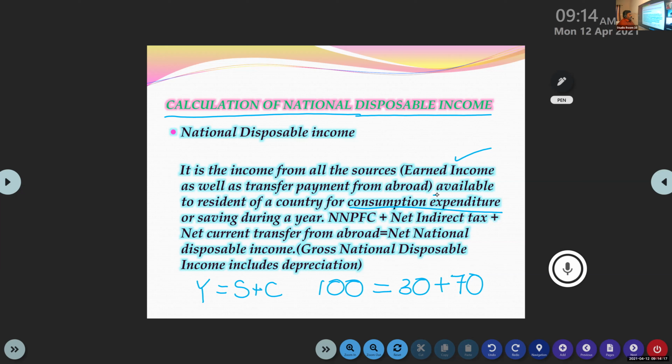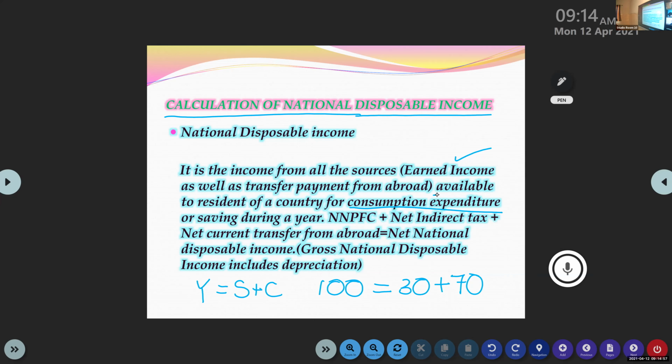Net national product at factor cost, there's an equation, plus net indirect tax plus net current transfer from abroad is equal to net national disposable income.